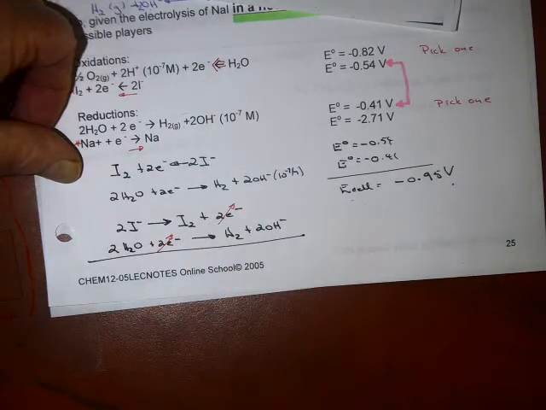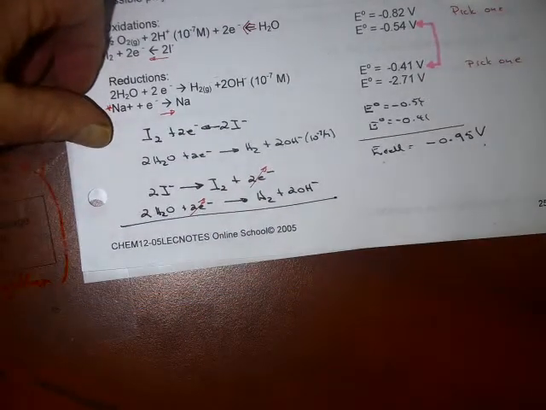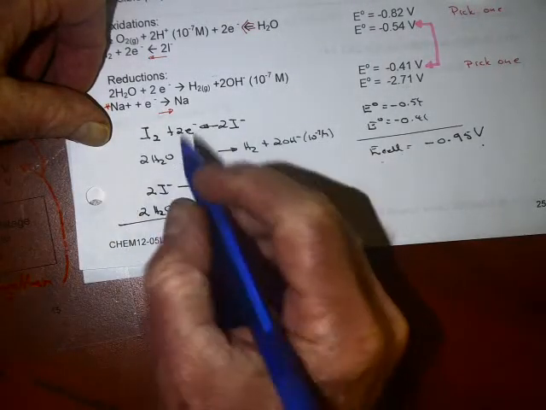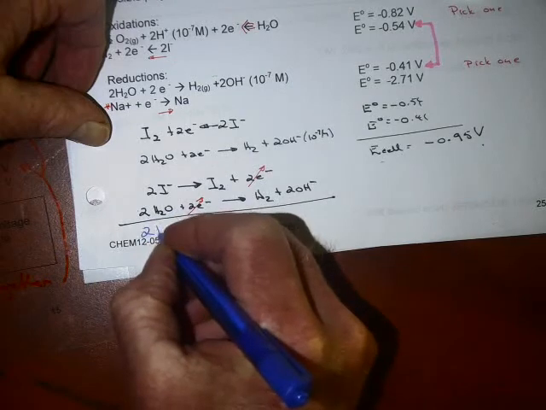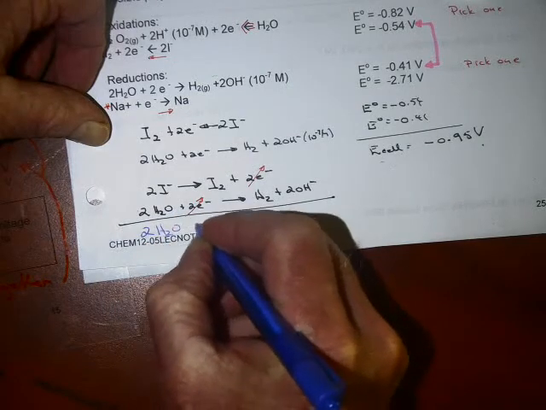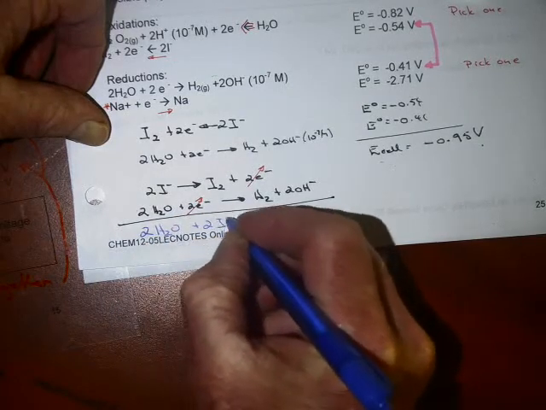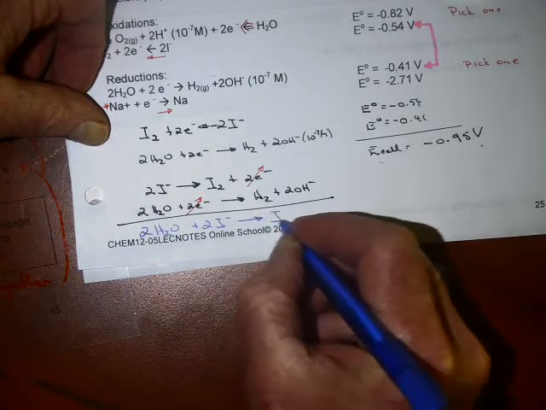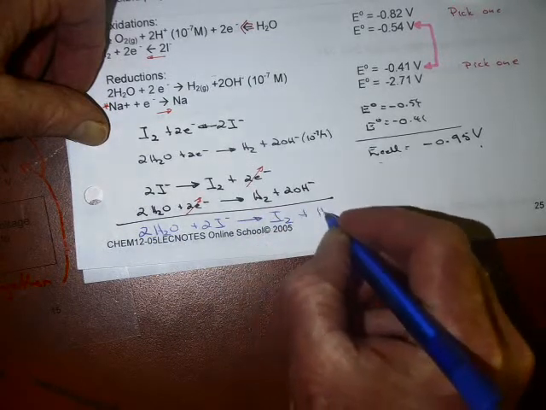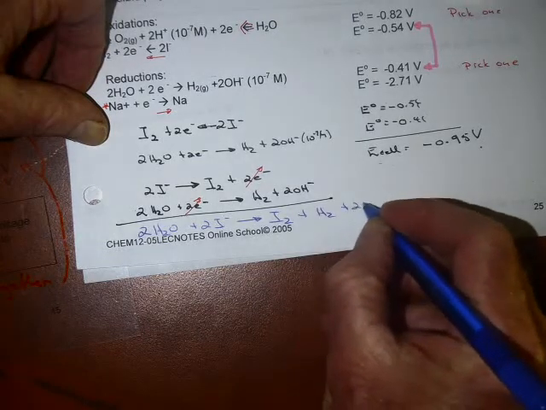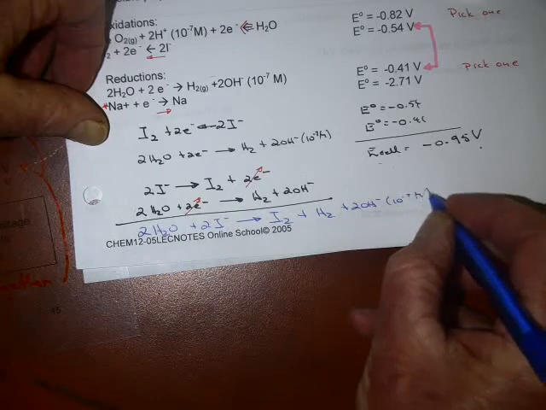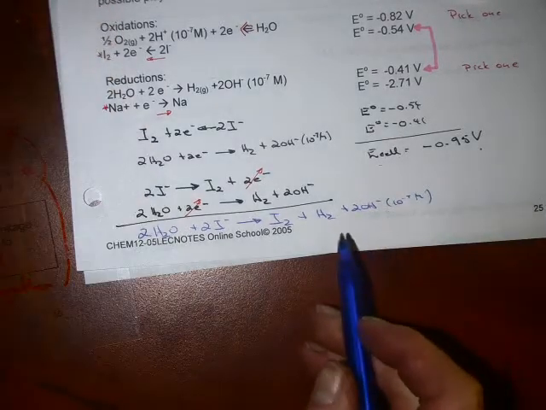So the net reaction is going to be 2H2O plus 2 iodide ions. It's going to produce iodine plus H2. So that's the overall reaction.